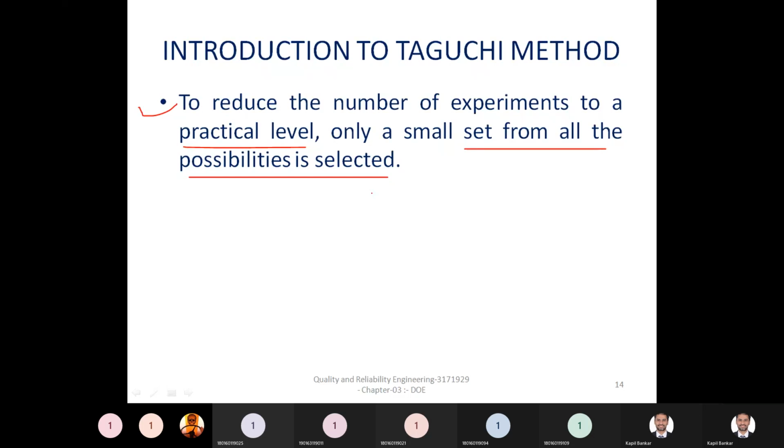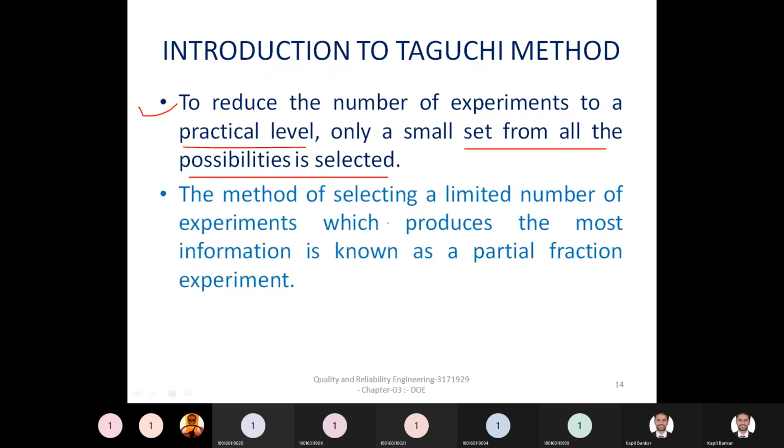And as I told you earlier, from all the sets of possible combinations, only the main effect and only the two-way interaction effects are sufficient to describe the variability in your response. So you can select some of the combinations from the full factorial design.